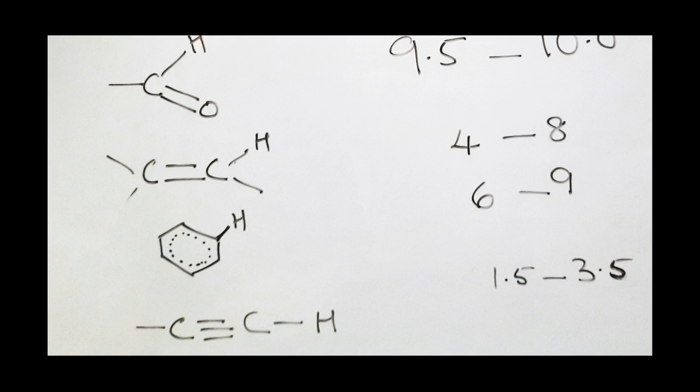In a carbonyl group, you have a carbon-oxygen pi bond. In a carbon-carbon double bond, we have a carbon-carbon pi bond. The circulation of pi electrons offers a shielding or de-shielding effect when placed in a magnetic field.